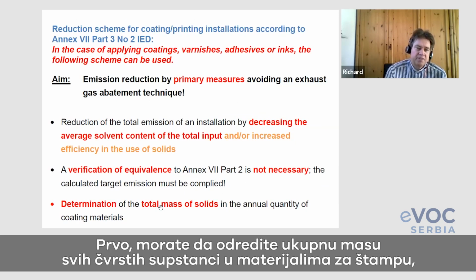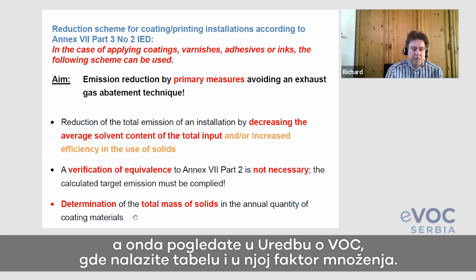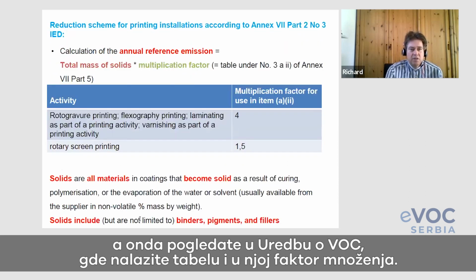So the first thing is you must determine the total mass of solids of all of your printing materials. And then you just easily look in the VOC decree, and there you find the formula. Especially you see the multiplication factor.